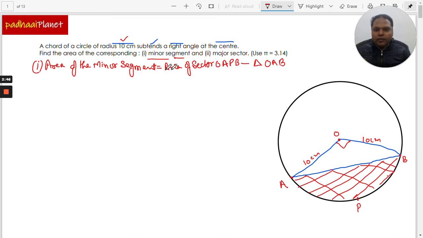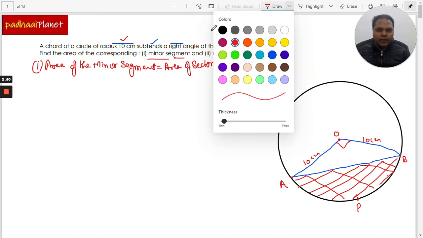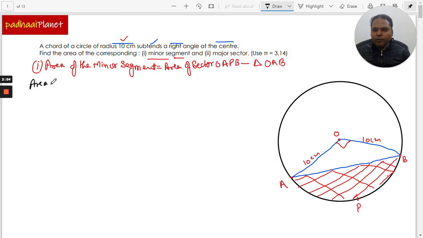Now first let's find out the area of the sector OAPB, right? So the area of sector OAPB is equal to, we all know the formula for the area of any sector, theta upon 360 degree multiplied by pi r square.